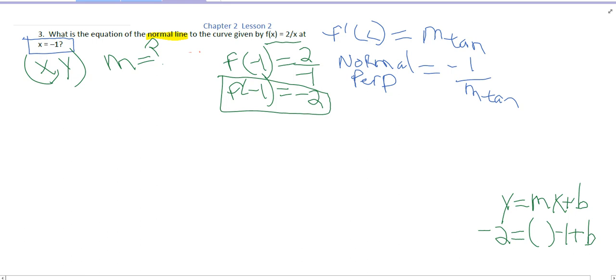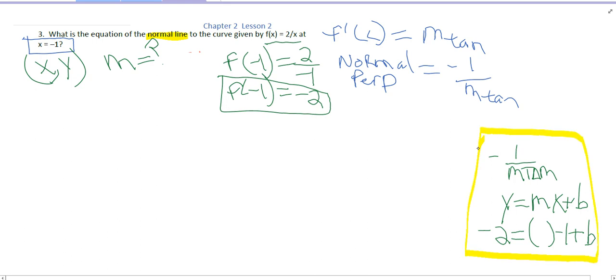So just recall, maybe it's worth noting that we're going to find the opposite reciprocal of the tangent, because we're looking for the normal line. So we'll just kind of tuck this away over here in the corner, and we'll come back to that after we find the slope of the tangent line.